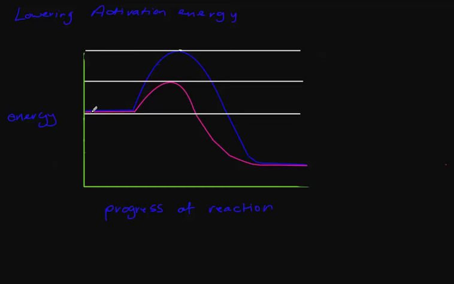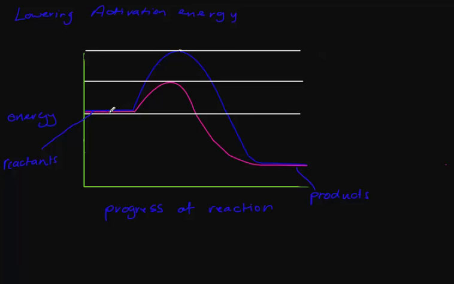So a couple of things to point out: both the blue and the pink line, we have our reactants, and at the end of the chemical reaction we have our products. Now the way that these two different chemical reactions progress is all to do with the use of enzymes, and the enzymes catalyze a reaction.